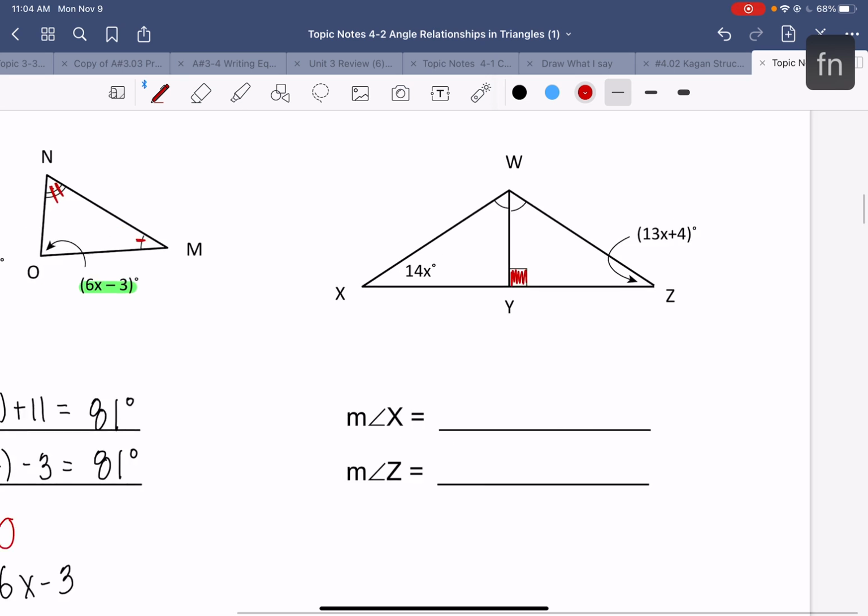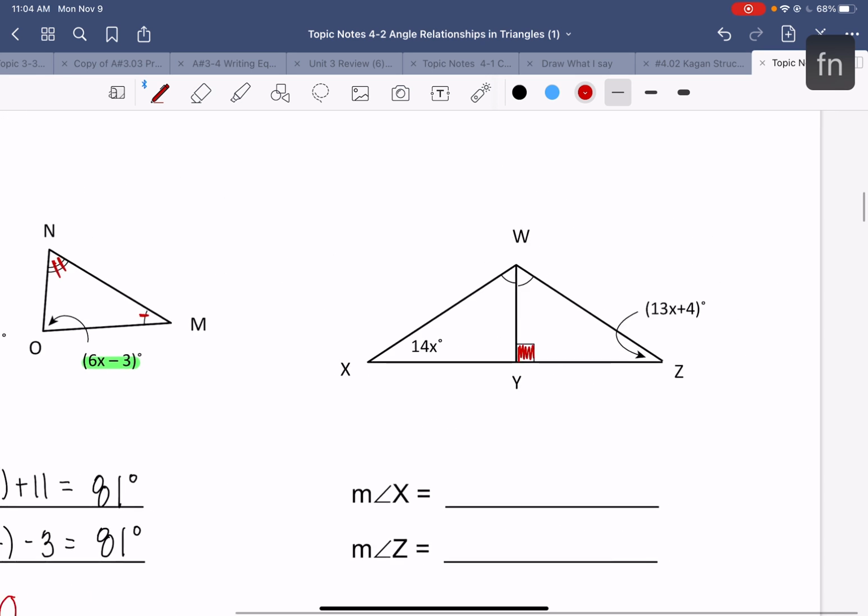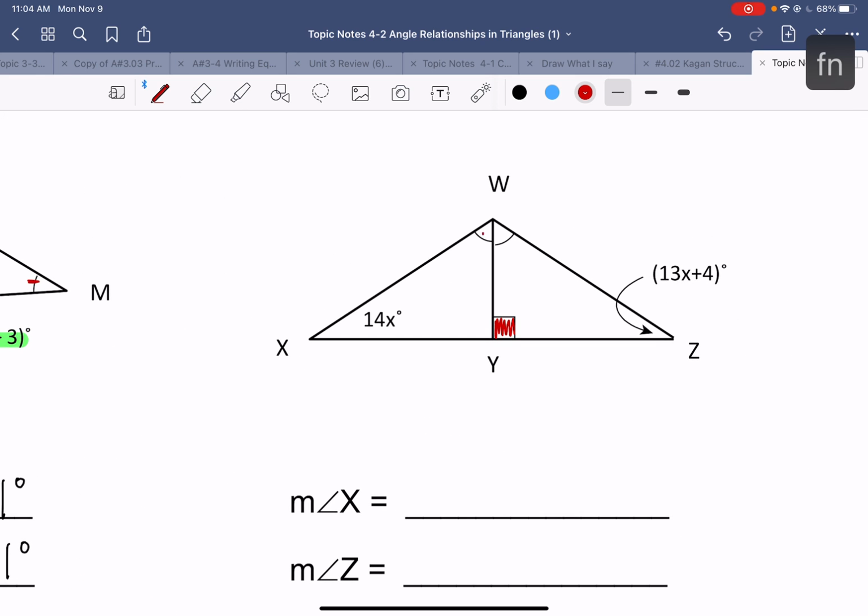Well, just like it did over here, those angle coverings mean something. It means that this angle is congruent to this angle. So there's our first pair of congruent angles. So what would be our second pair? Before we can state anything, the third angle theorem says we need two different pairs of congruent angles.